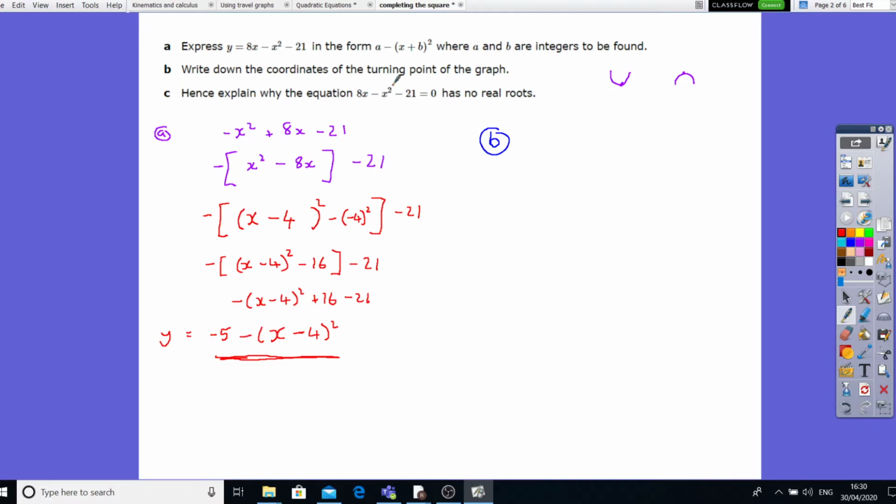So in this case a is going to be minus 5 and b is going to equal minus 4. Now they're both integers. So let's have a go at part B.